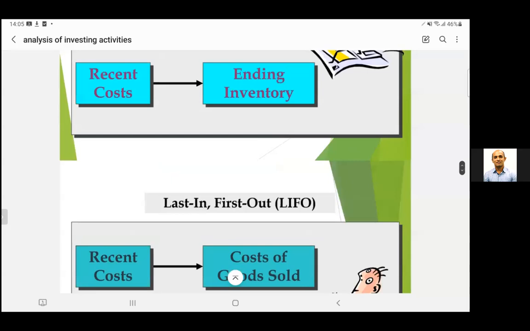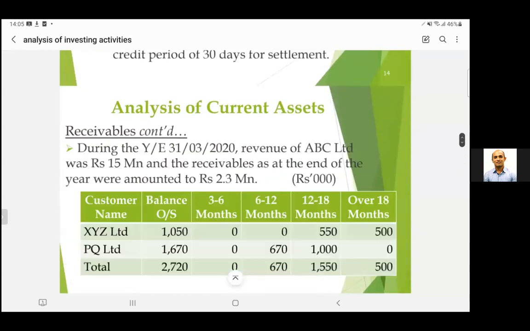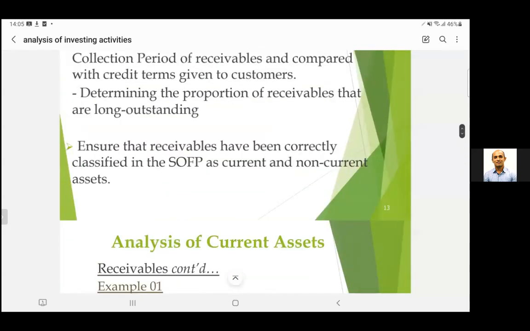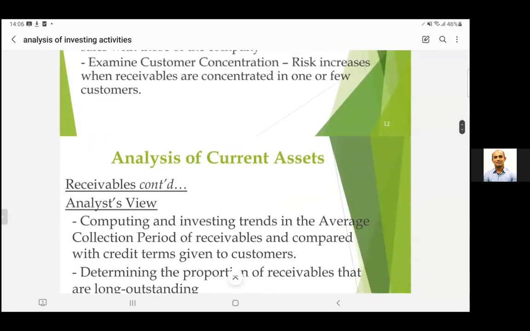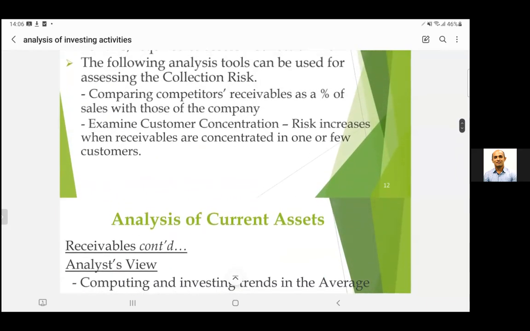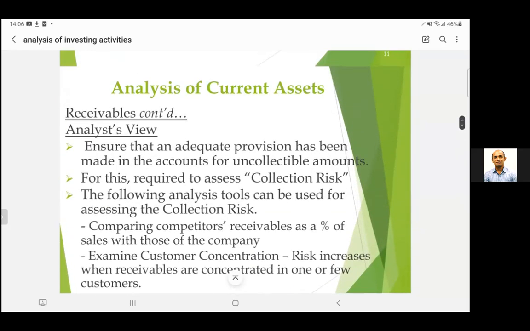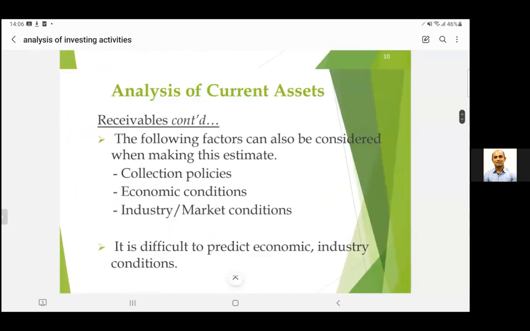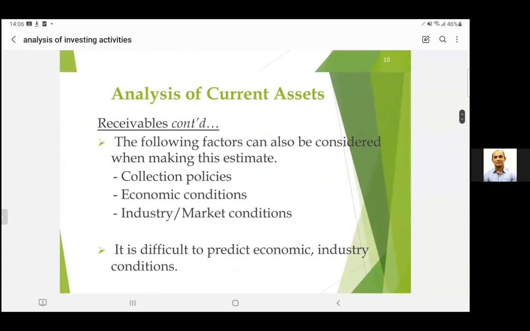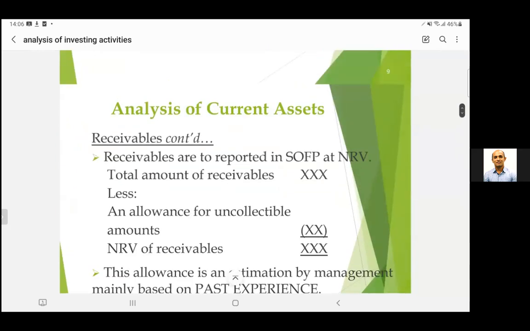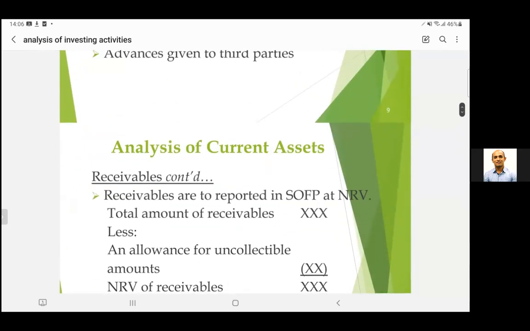Right. So we were discussing accounting analysis. Under the accounting analysis, we were doing analysis of investing activities. We completed inventory and cash in hand, cash and equivalent.